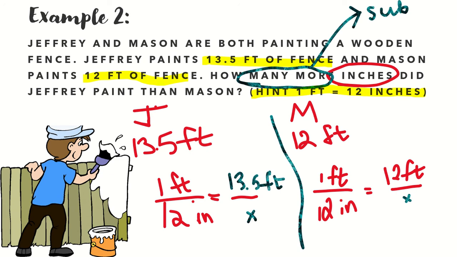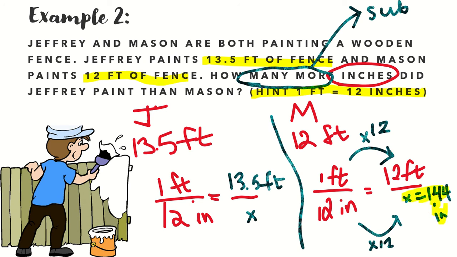Well, we see a pattern, times 12. So we can also do times 12. So Mason has painted, 12 times 12 is 144 inches. So this is Mason. We got his number in inches because it's easier.